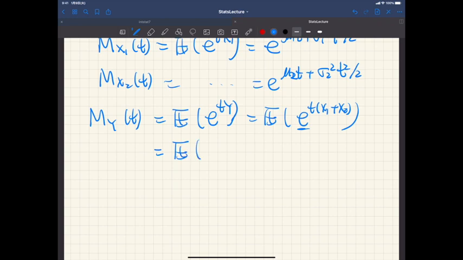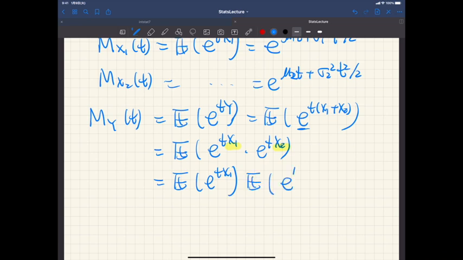So we have e to the tx1 times e to the tx2, but x1 and x2 are independent, so we can split this expectation value into the product of expectation values. Okay, this is possible because of the independence of x1 and x2.